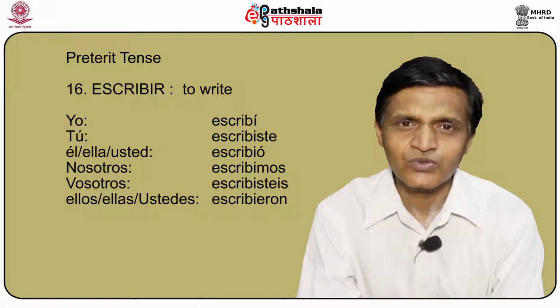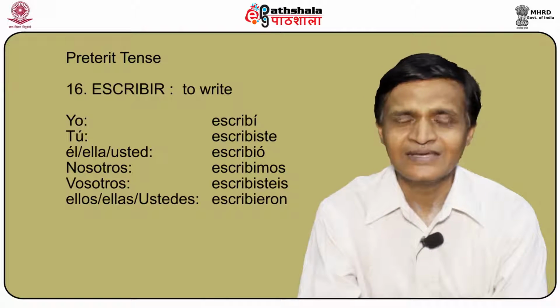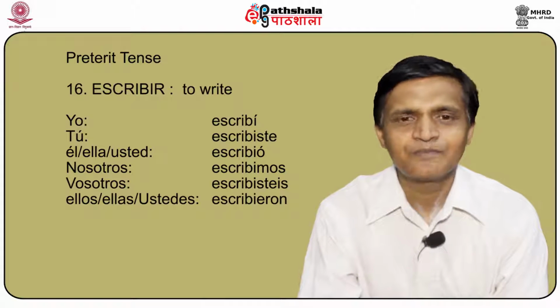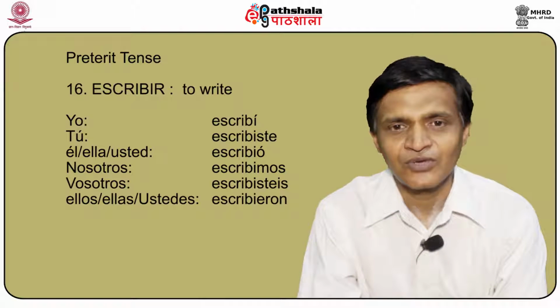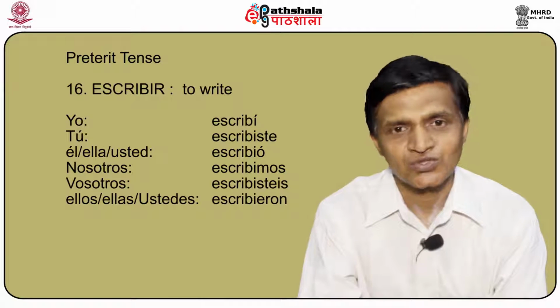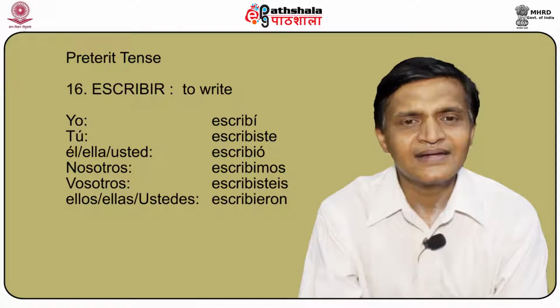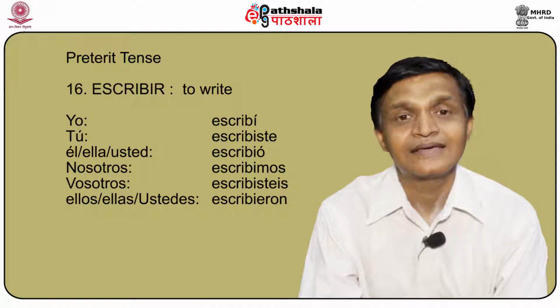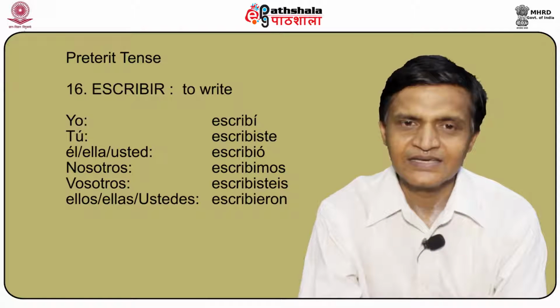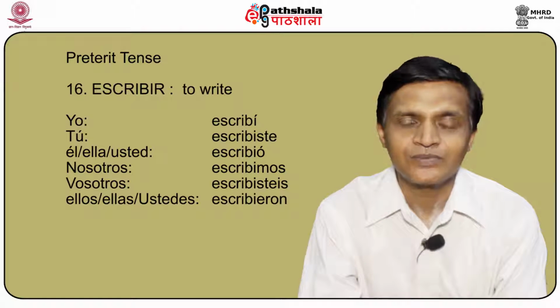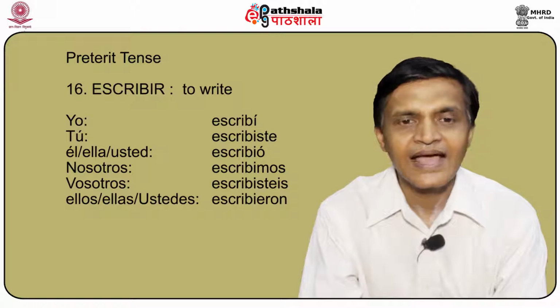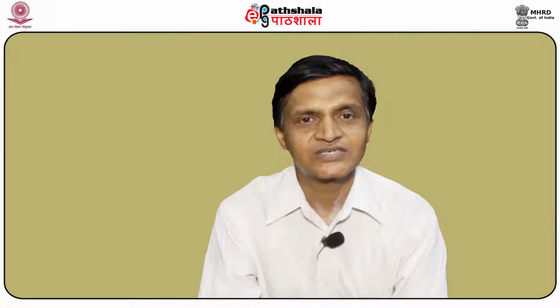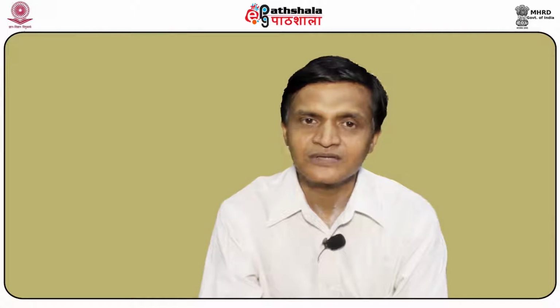Or if you want to know, then it is yo escribí, tú escribiste, él, ella, usted escribió, nosotros escribimos, vosotros o vosotras escribisteis, and ellos, ellas, ustedes escribieron. I repeat, escribí, escribiste, escribió, escribimos, escribisteis and escribieron. So we see escribir is also very easy to learn.